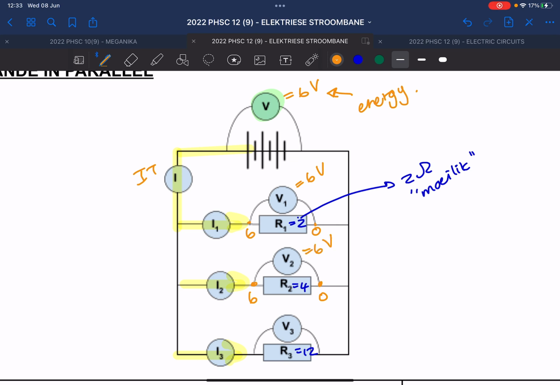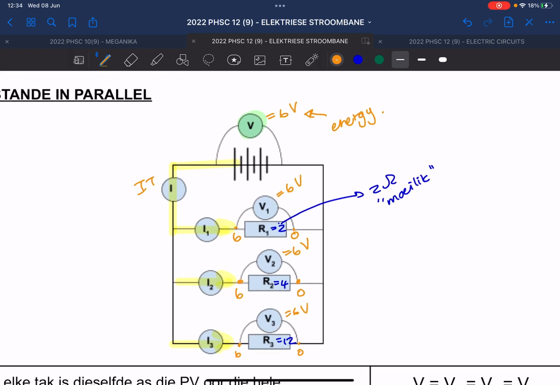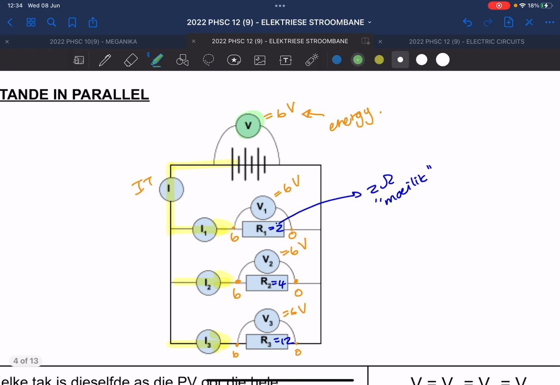Alright, Chantay, jy kies wiskunde, jy loop, voor wiskunde, hoeveel het jy? Na wiskunde, hoekom? Jy gaan direk huis toe. Remember, from here, you can't go back into the current. Okay, you have to follow the current. So this is again 6 volts. So what I wanted to show you here, and what you must remember, is that in parallel the volts are the same.